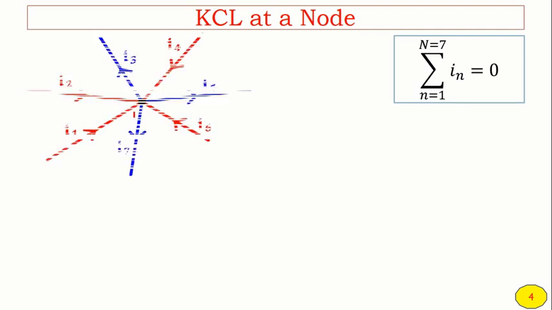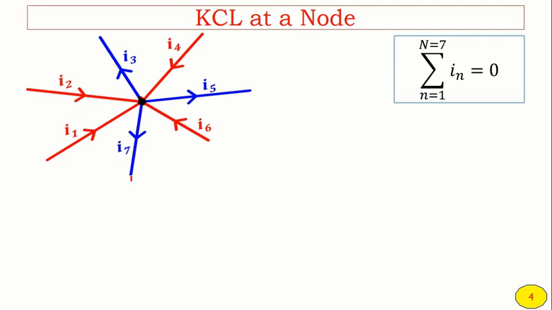Suppose this is a node in a network and say there are 7 branches connected to this node. Therefore, according to KCL, the algebraic sum of these 7 branch currents should be 0.